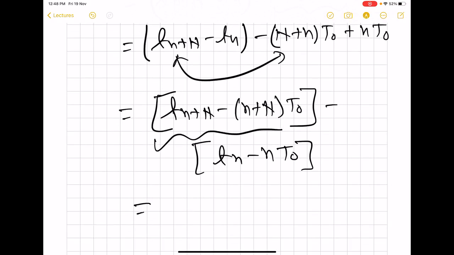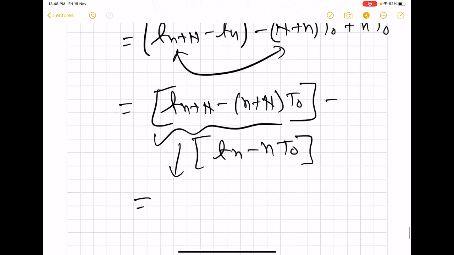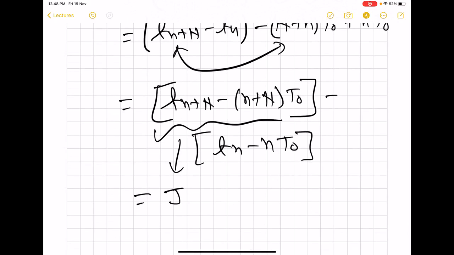So here this can be written in terms of absolute jitter. So this is absolute jitter for n plus nth minus absolute jitter for nth.